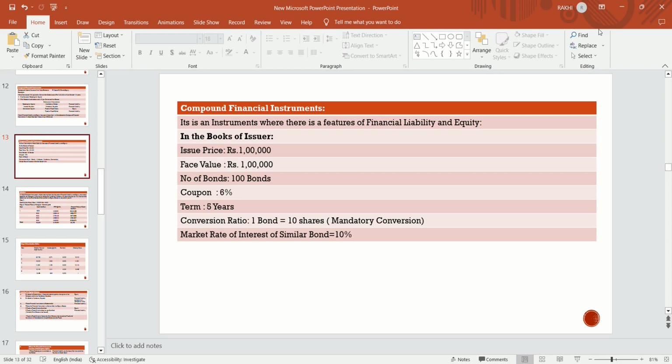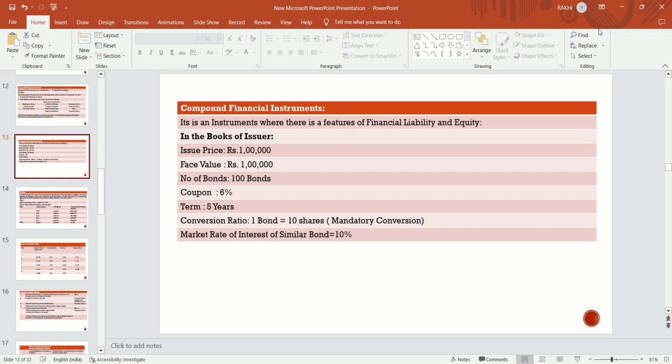In the books of the issuer, the issue price is rupees 1 lakh, the face value of the instrument is 1 lakh, the number of bonds issued is 100, the coupon rate is 6%, the term is 5 years, and one bond should be converted into 10 shares, which is mandatorily converted, not at the option of the holder. It should be mandatorily converted into shares after the period of 5 years. There is no option available to the holder.